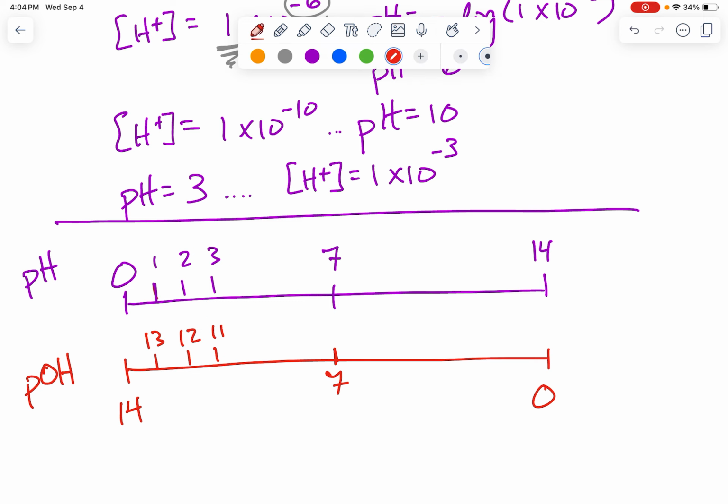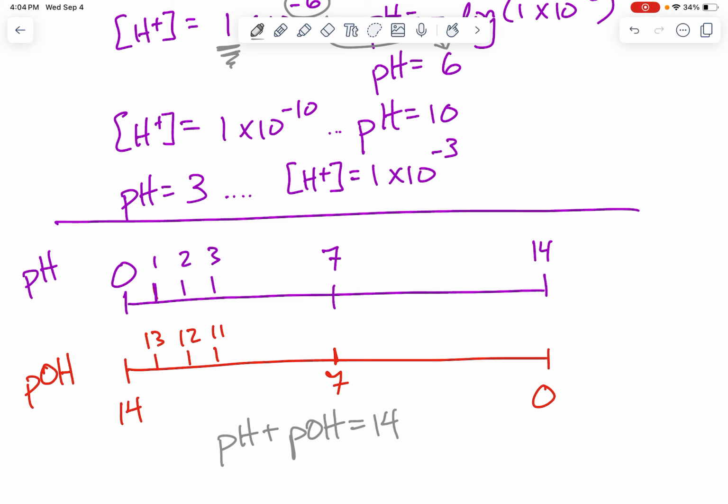That's an important relationship to know, that the pH plus the pOH are always going to equal 14. Between this relationship and understanding the log scale mathematically, you pretty much have all the information you need to know about calculations involving pH.